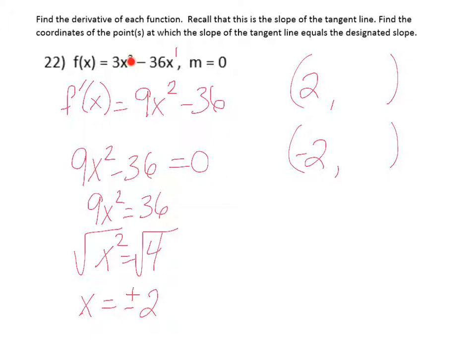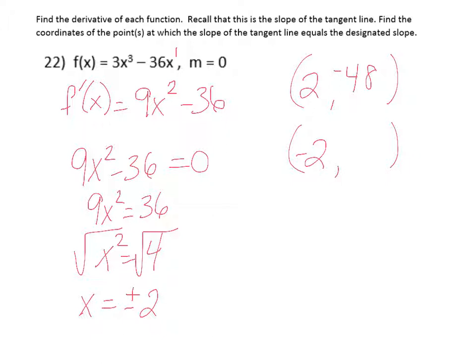2 cubed is 8 times 3, that's 24. And then I'm going to plug 2 in for the x, so that's going to end up minus 72. 24 minus 72 is going to give us a -48 for the y value when x is 2.